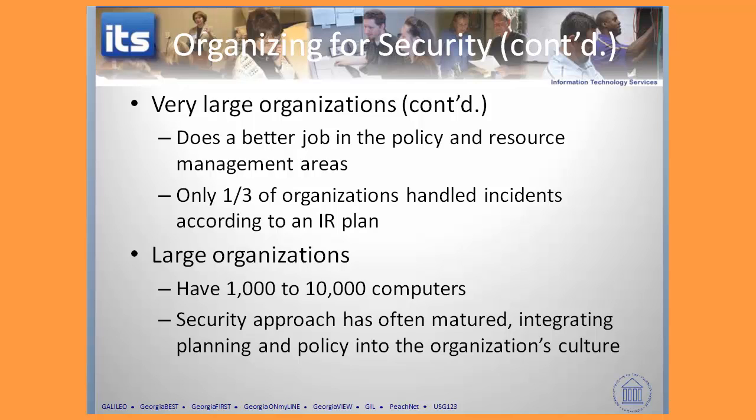All right, let's look at large organizations. Large organizations we've defined as between 1,000 and 10,000 computers. Again, their security approach, like very large organizations, should be mature, integrating planning and policy into the organizational culture.